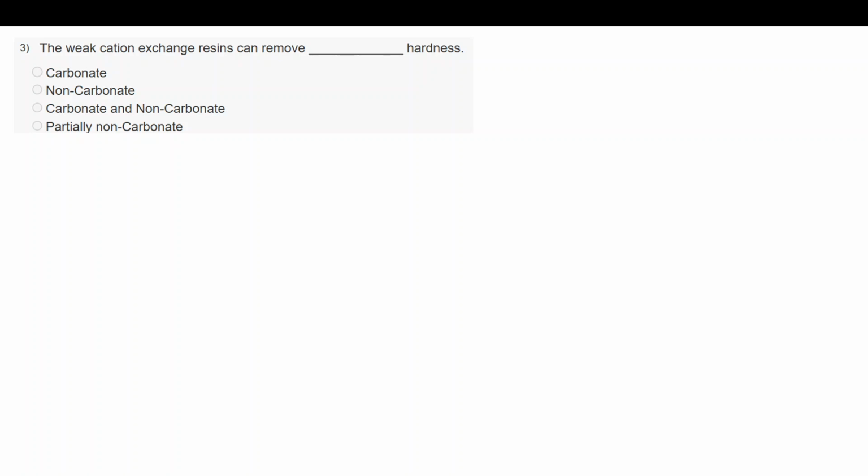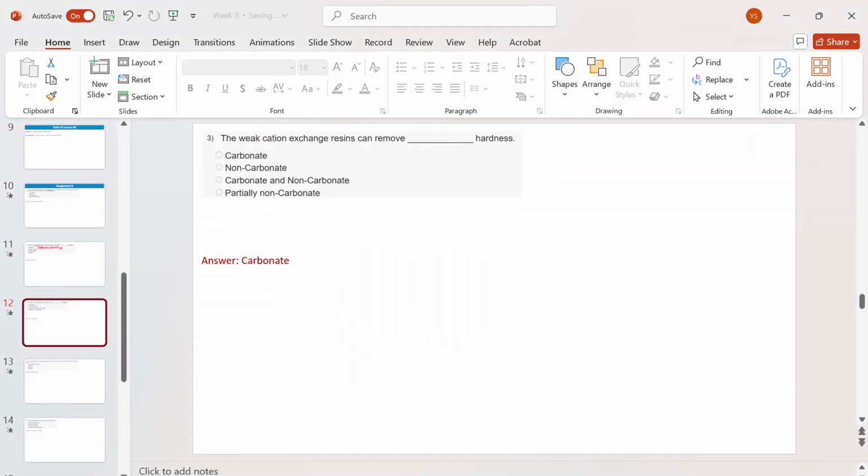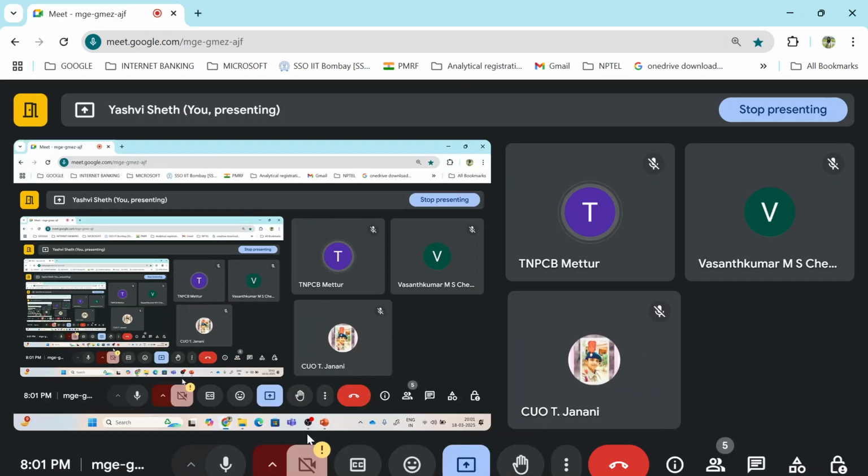Okay, so the next question is, the weak cation exchange resins can remove dash hardness. Sorry, somebody was speaking.